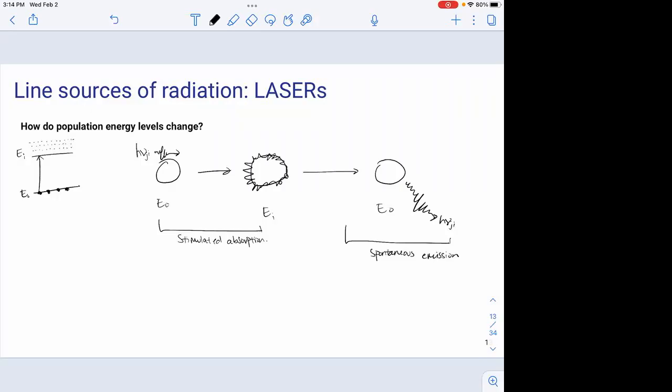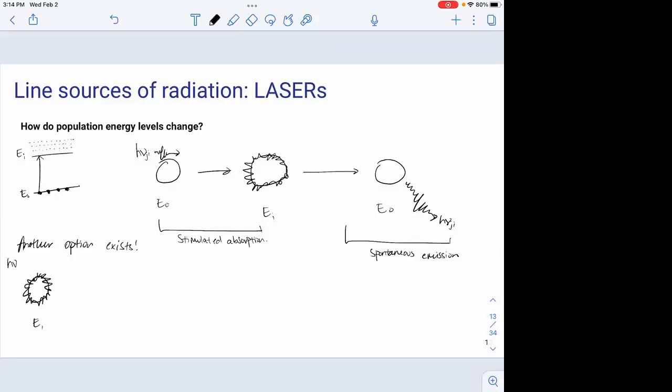But the principle of how a laser works is that there's another option here. So another option exists. That option we call stimulated emission. So I want you to consider that we have our excited atom or molecule in the E1 state.